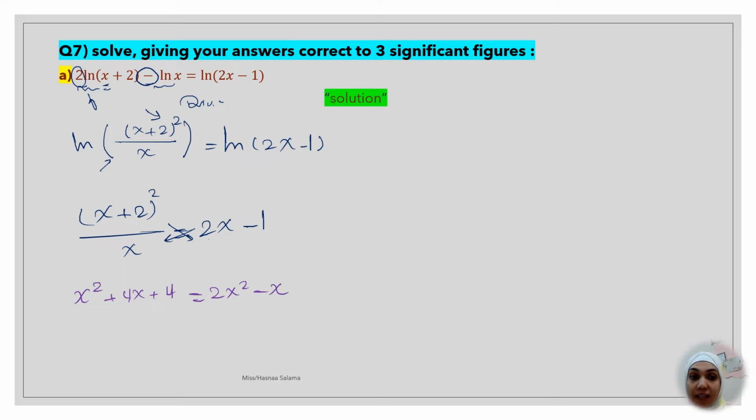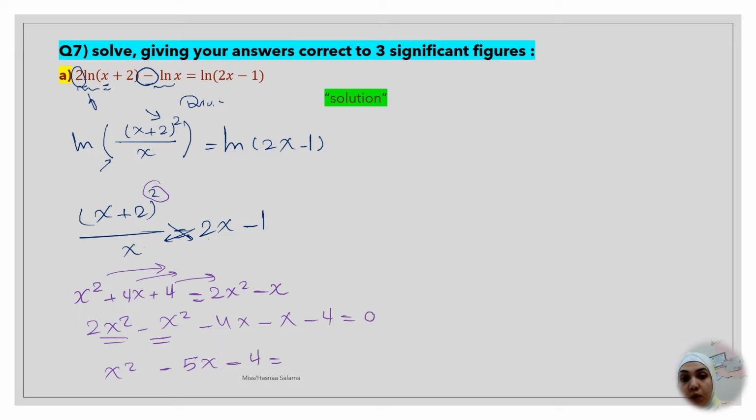Expanding and writing it in simplest form, I will put everything on one side, so go to the other side with inverse sign: 2x squared minus x squared minus 4x minus x minus 4 equals 0. So (2 minus 1) x squared minus 5x minus 4 equals 0.